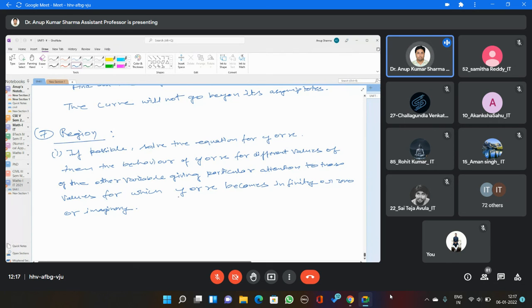So that means x equal to 0, y equal to 0 is convenient.